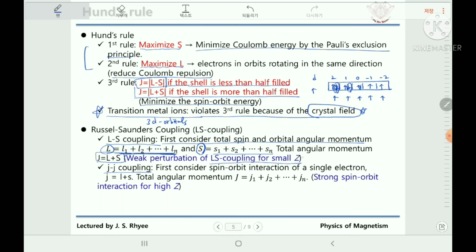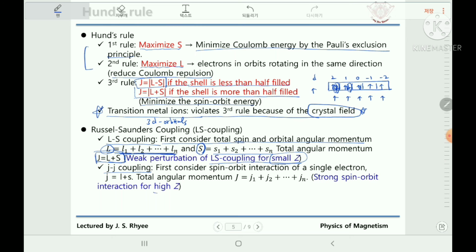LS coupling is considered for the small Z value. As I said, for small Z or large Z, the difference is that in the large Z case the spin-orbit interaction is more significant. Therefore, in the small Z case, in LS coupling, the orbital angular momentum and the spin angular momentum are separate, and the total orbital or total spin angular momentum is considered first.